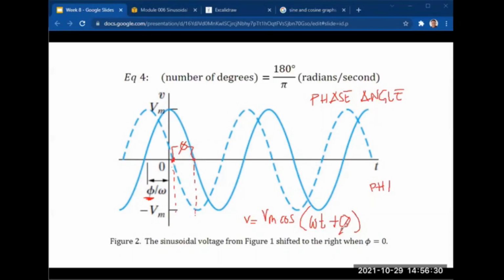So this is in degrees, and this is in radians, since it is multiplied with 2 pi.